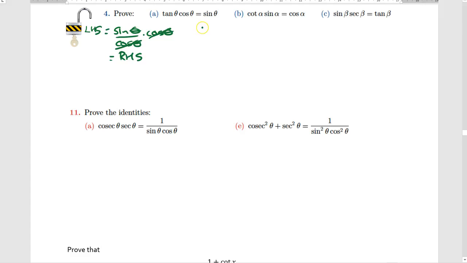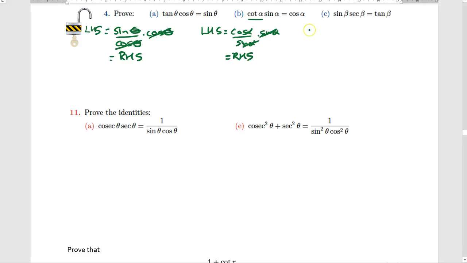Again, for this one here, the left-hand side is slightly more complex. Cot I'll write as cos over sine, and you can see as you write that this will turn out to be okay, so it's the right-hand side.